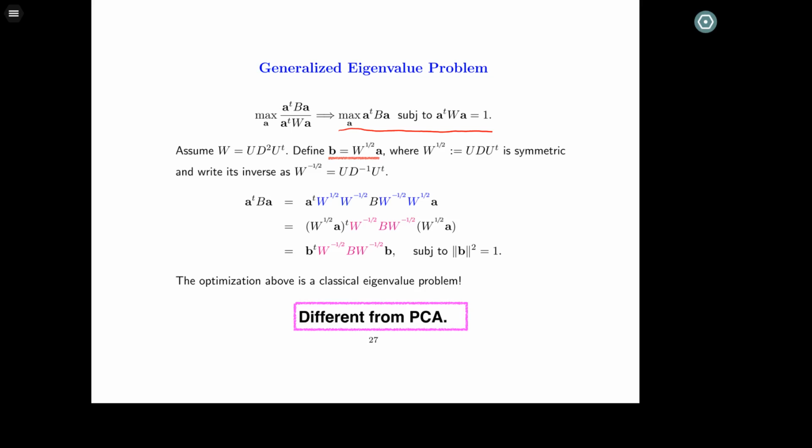So the trick is to decompose W as a square root of W and allocate that to A. So we do a transformation, and you find this condition becomes just the norm squared of another vector B. And then we rewrite this objective function.